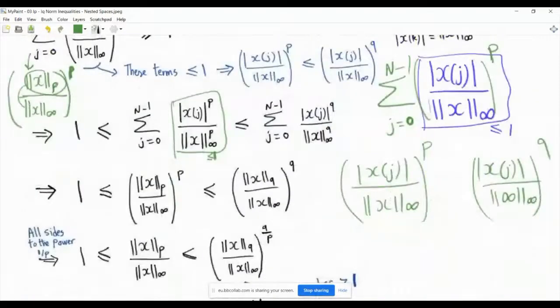Each term is a number between 0 and 1, so if you raise it to a higher power, you make it smaller. If you have a fraction between 0 and 1 and raise it to higher powers, it gets smaller and smaller. Since q is less than p, this guy is less than or equal to this guy here. So this is the inequality that we have.